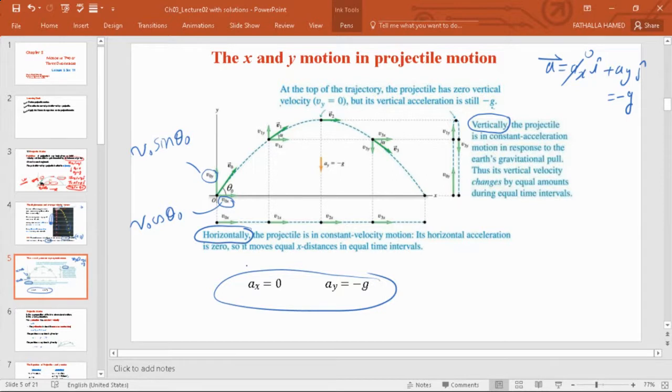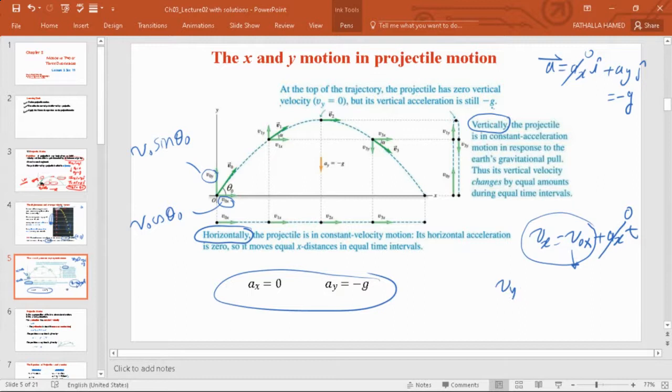Now, when you want to look at your velocity, and we dealt with that in chapter 1, we said that Vx is equal to V0x plus ax t. But if you look at your x component here, your ax is equal to 0, so this is gone, which means that your Vx is not going to change. It's going to stay as the initial x component of your velocity. And that's basically what carries you horizontally.